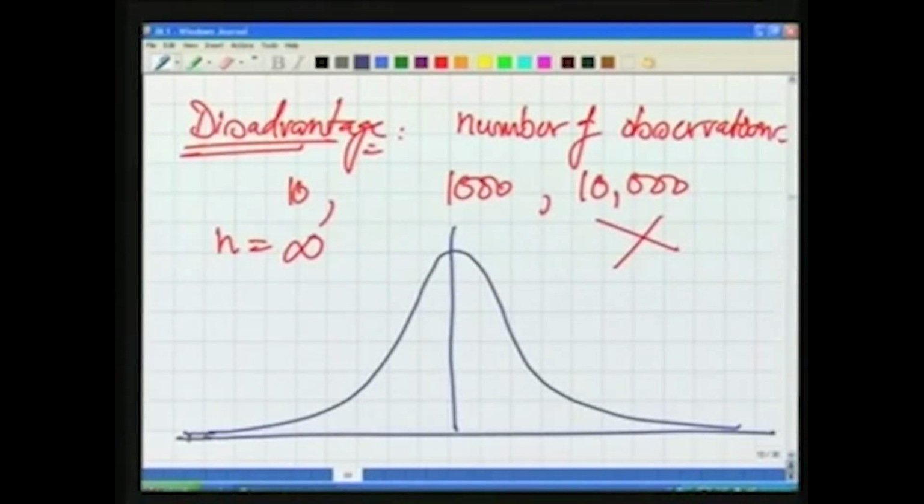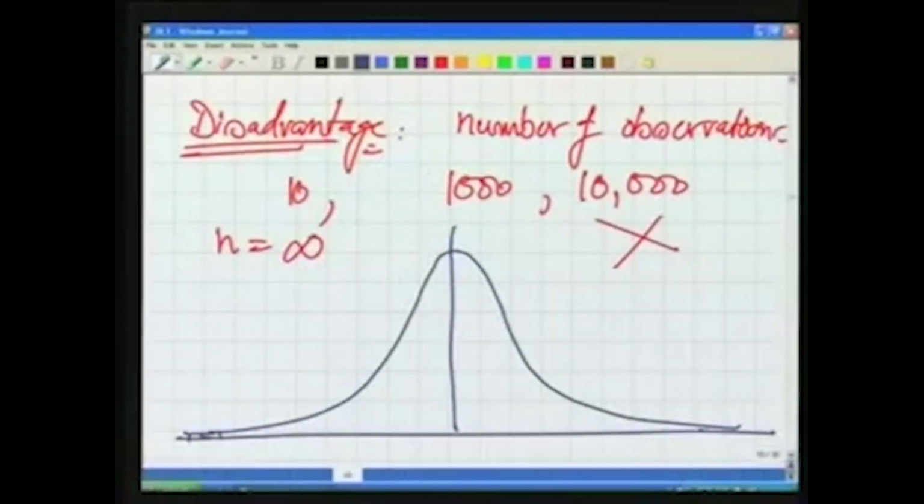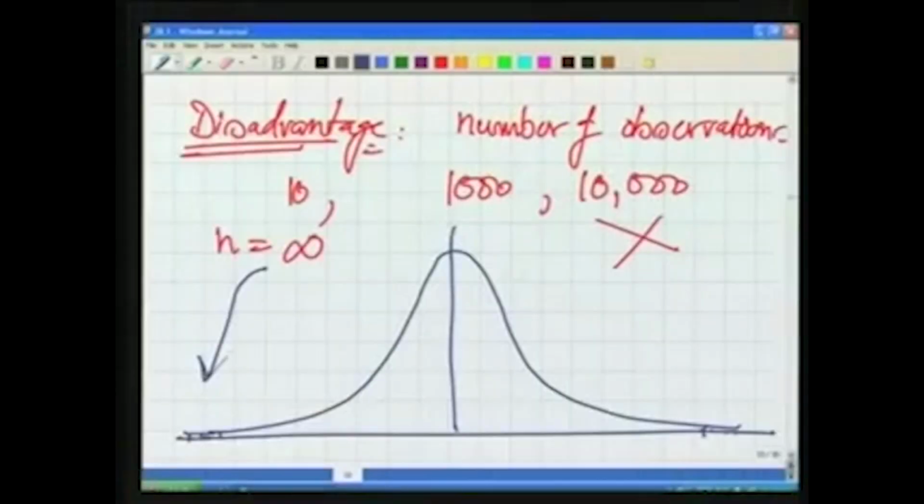So even if the values are here, even if this value, this value, this value, however small the probability is, it will definitely occur when we are taking the observations. Also on this side, however small the probability of these values, they will occur because there are an infinite number of observations. So if an infinite number of observations are there, we cannot reject these values, because these values will occur however big they are.